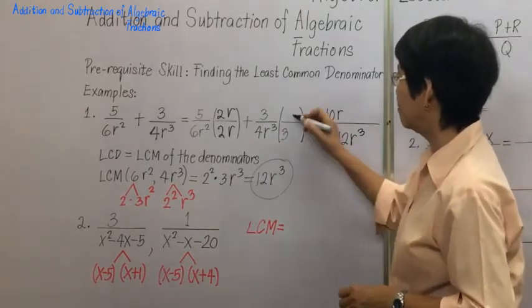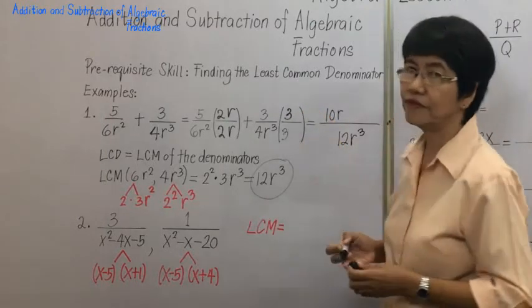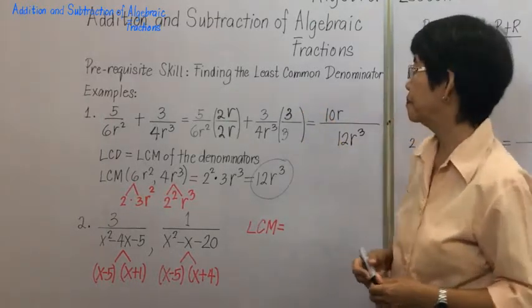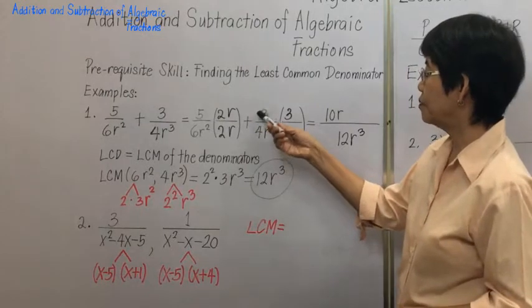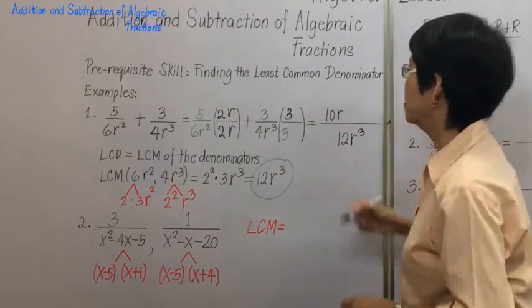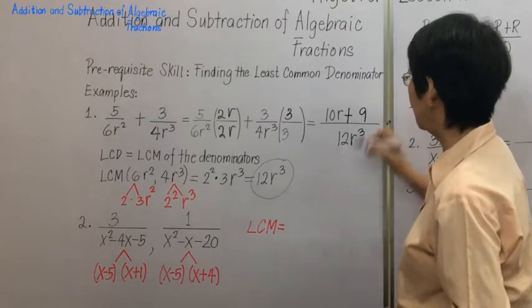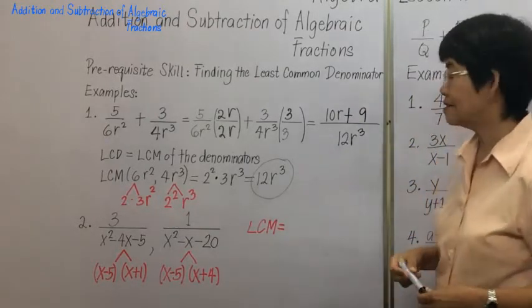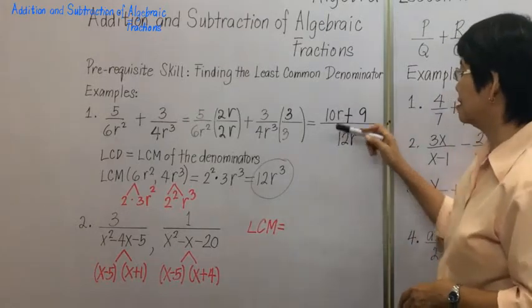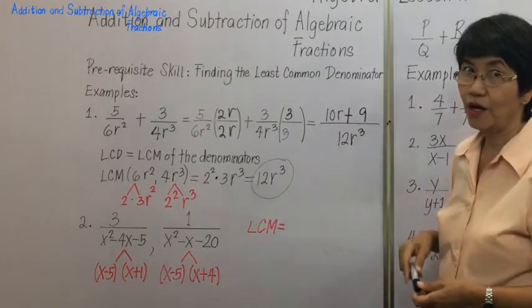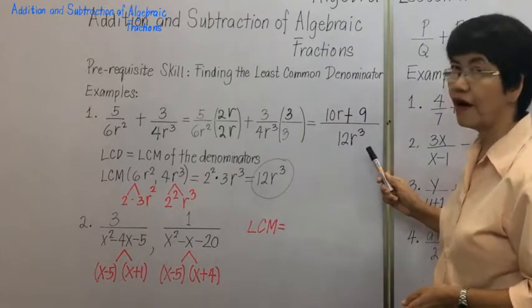So we have 3 over 3 as our multiplier. And we multiply the numerators, we have 9. So simply add 9. The answer to this addition is 10r plus 9 all over 12r cubed.